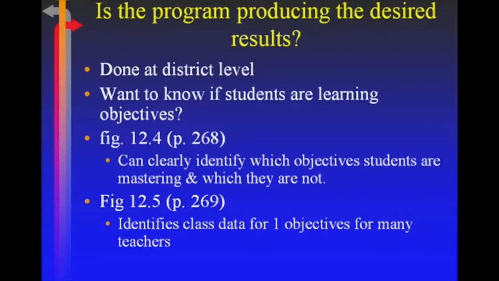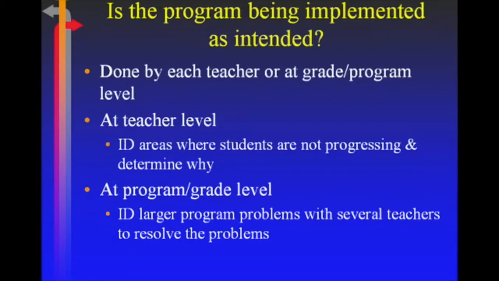And then teacher Brennan had a really low class average, percent mastery, and this kind of tells you how all the teachers in the program, how they did in that one particular objective. And you can look at all the different objectives by using this data. And again, this district level.